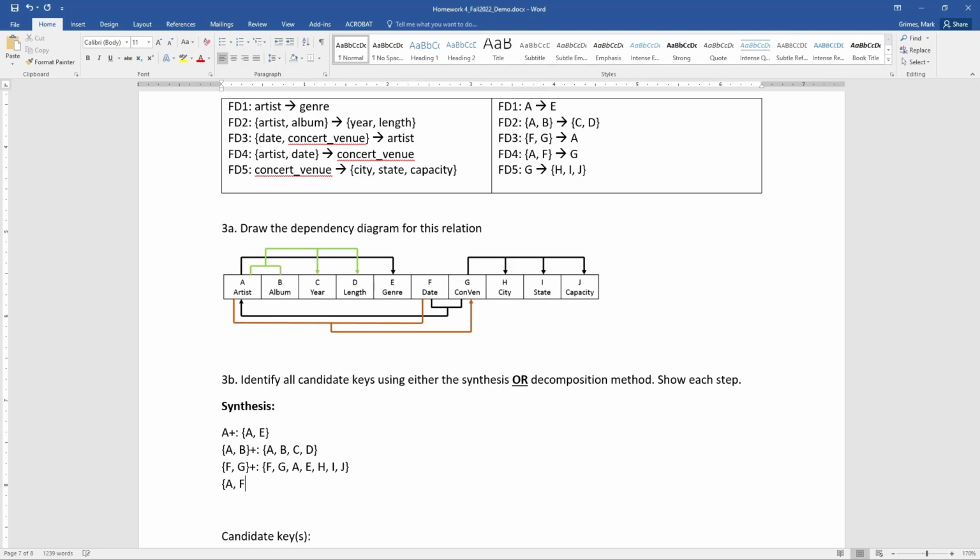The closure of AF is going to be AFG. And let's see, since we know A, we also know E, so we can add that into our closure. And I believe that is it there.